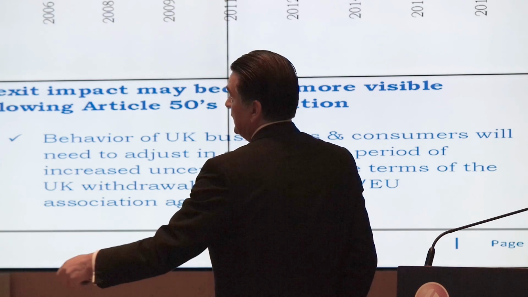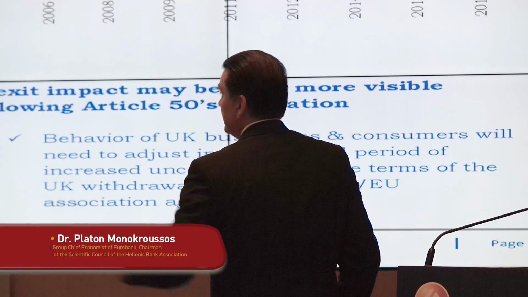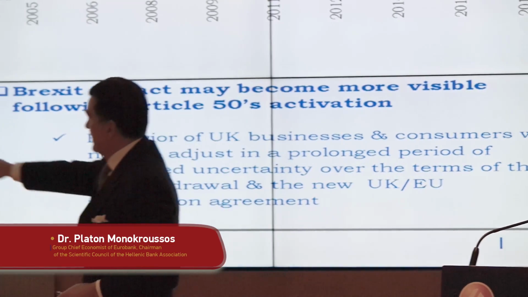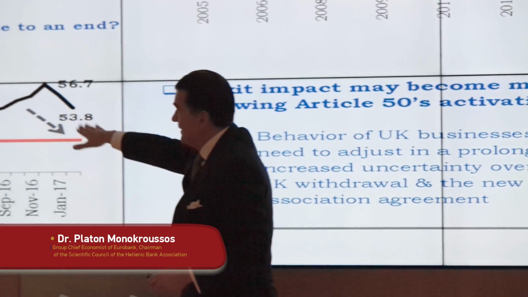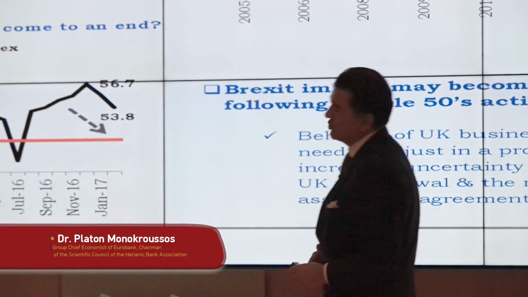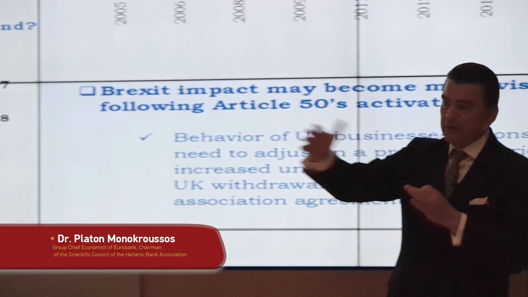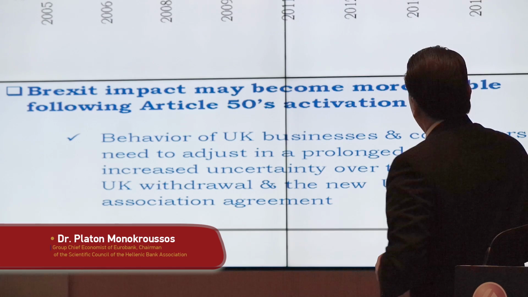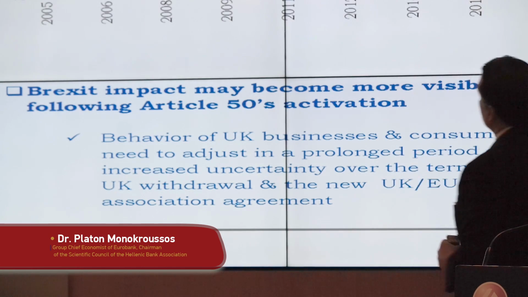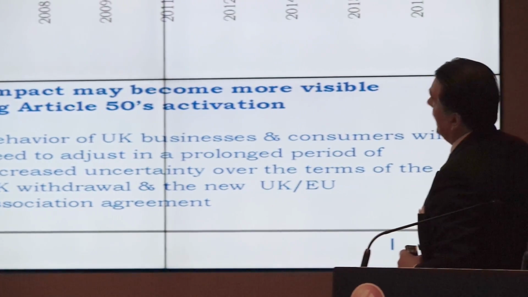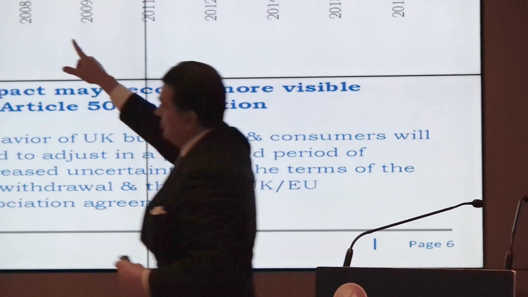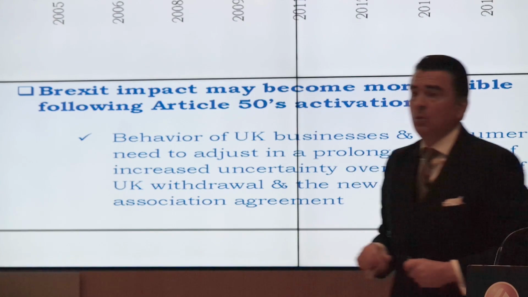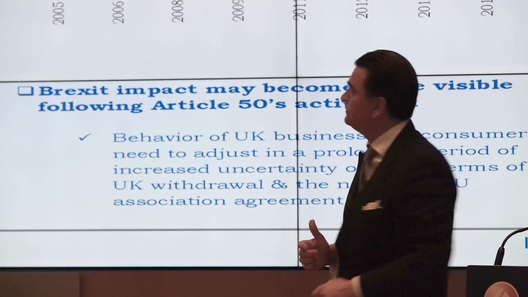If you look, for instance, at the PMI manufacturing index of the UK, most recently we've seen an uptick, although the index remains above the threshold of 50, which separates expansionary and contractionary conditions in the UK manufacturing sector. We've seen a sliding of consumer sentiment, and of course an uptick in inflation due to the sterling devaluation, which is a risk for real wages.